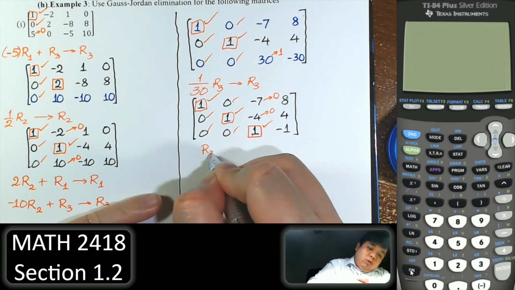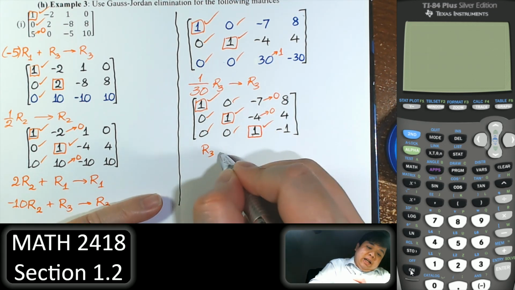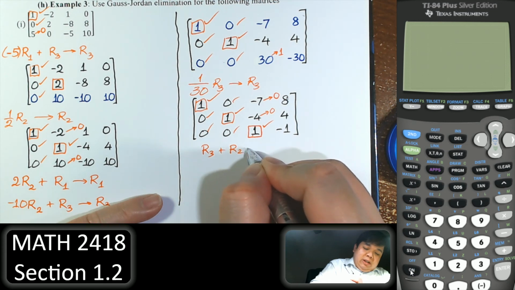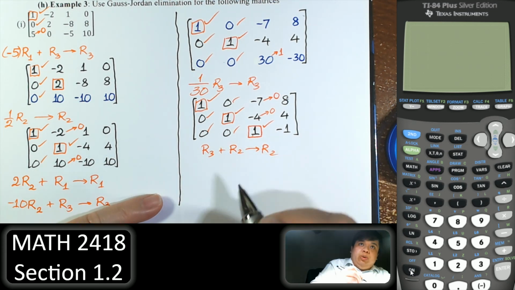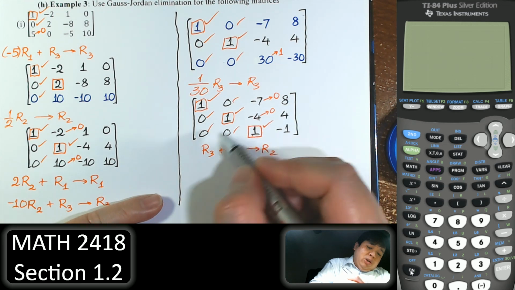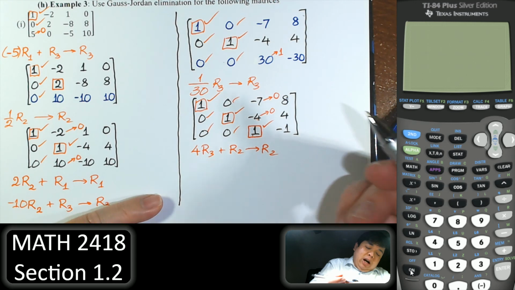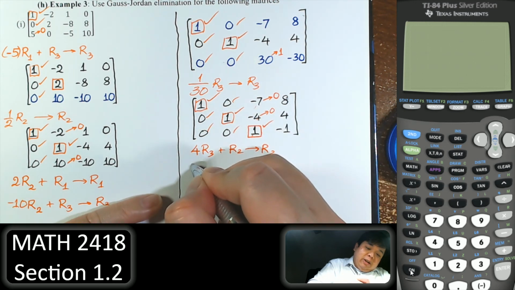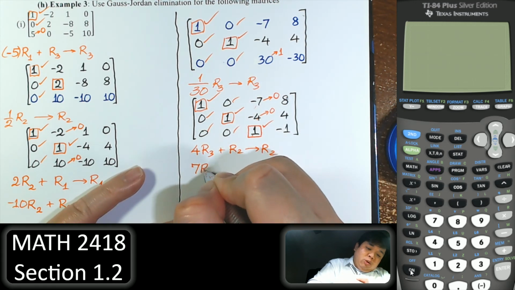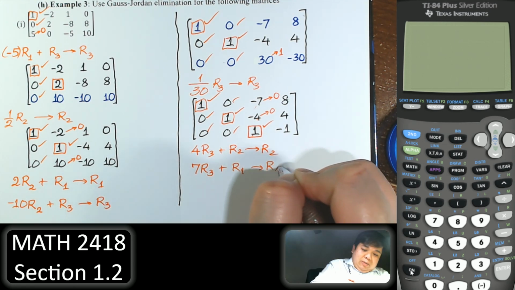We multiply to row 3 to eliminate in row 2, so we will add and replace to row 2. When we eliminate whatever the number, we use the opposite of that. If we eliminate negative 7, use 7. Multiply to row 3, add to row 1, replace row 1.